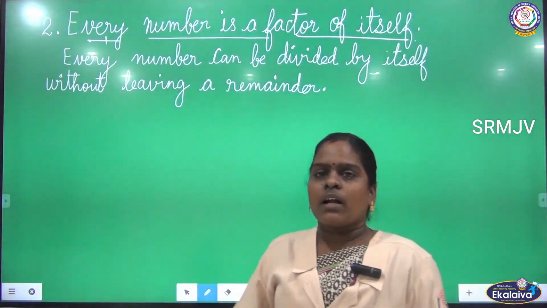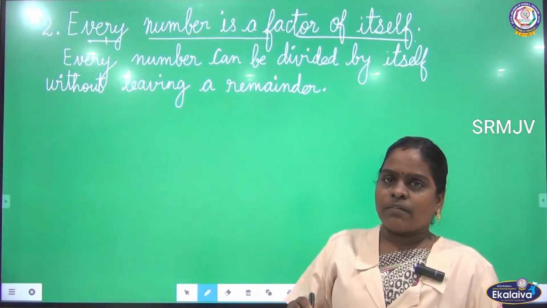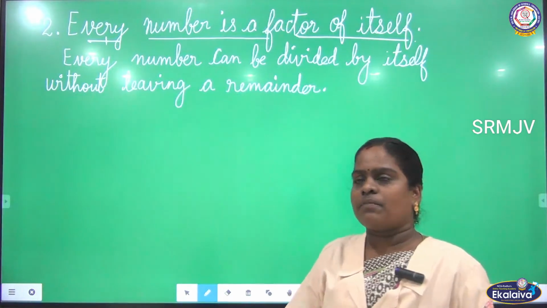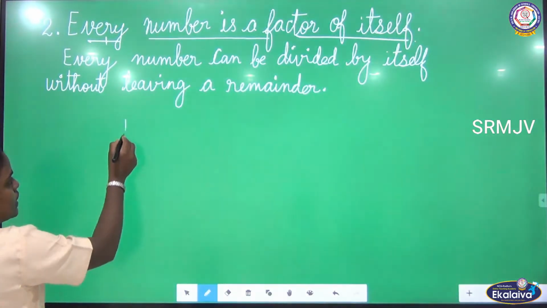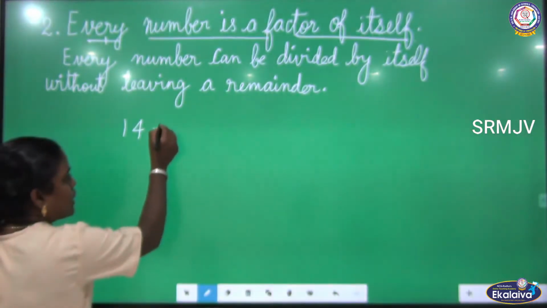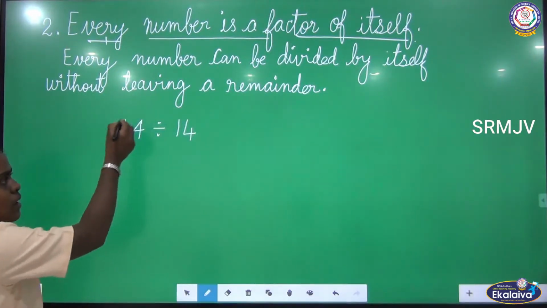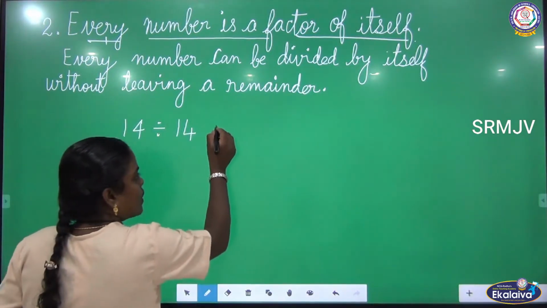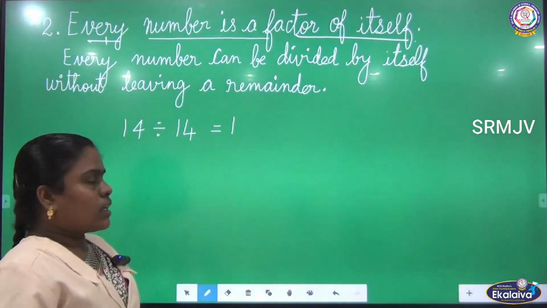If you divide a number by itself, your quotient will be 1 and there will be no remainder. For example, let us take the number 14 and divide the number by itself. You will get 1 and there will be no remainder.